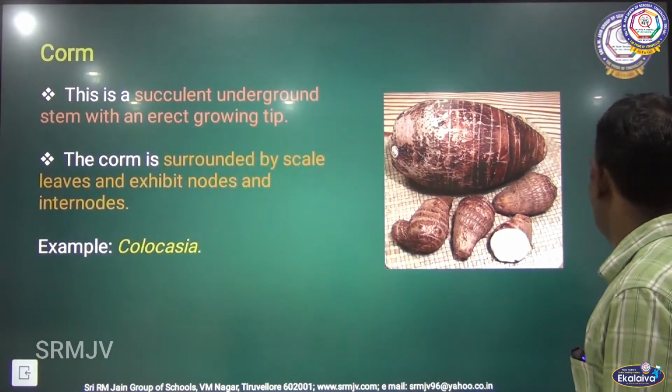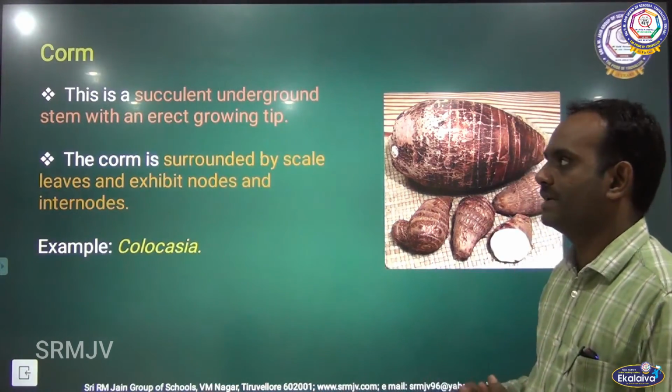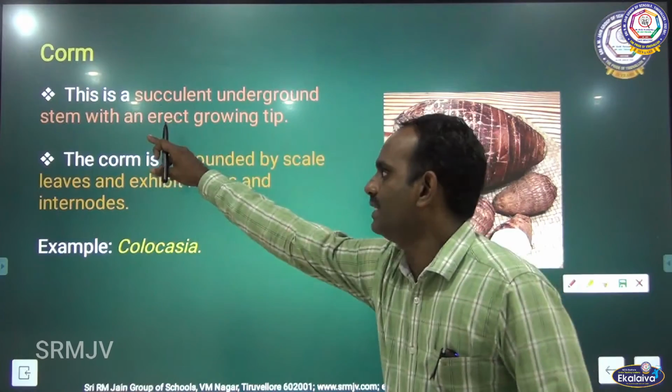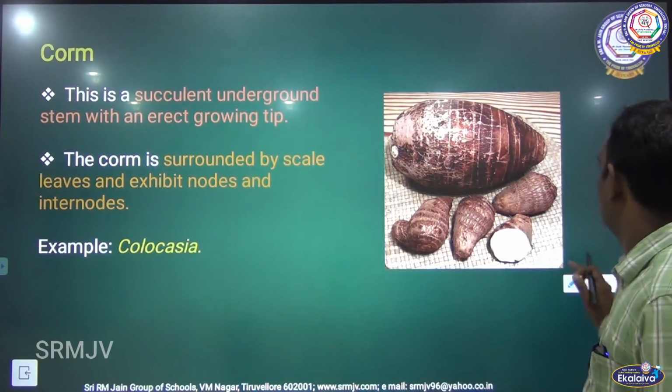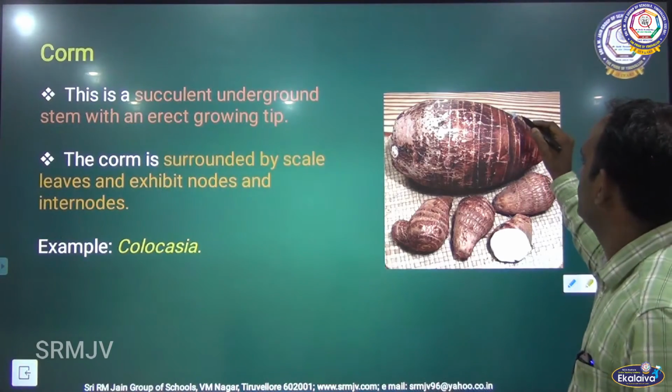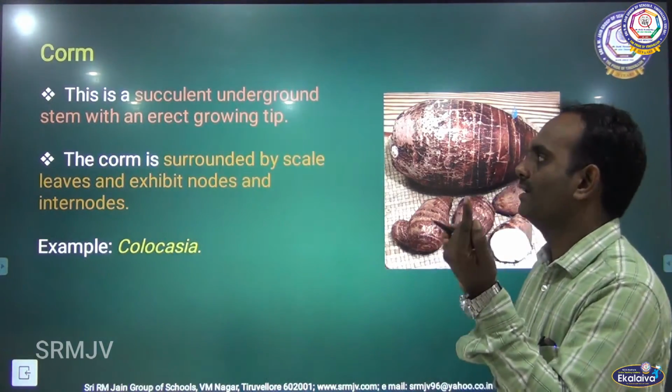Next we move on to corm. This is a succulent underground stem with an erect growing tip. See the picture here. There are nodes here and one small erect growing tip.